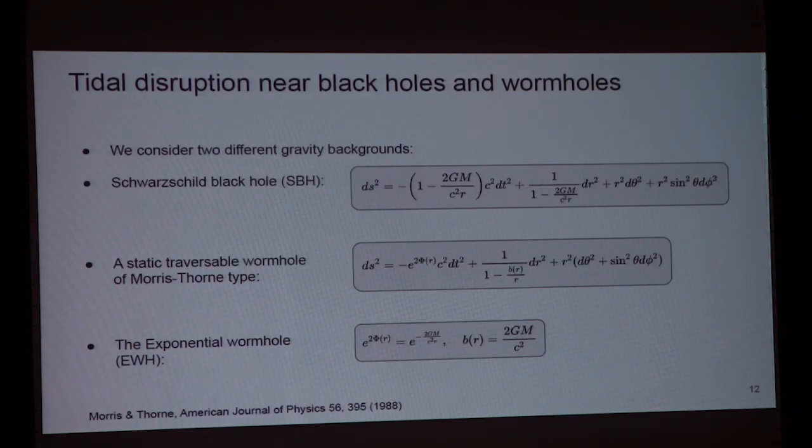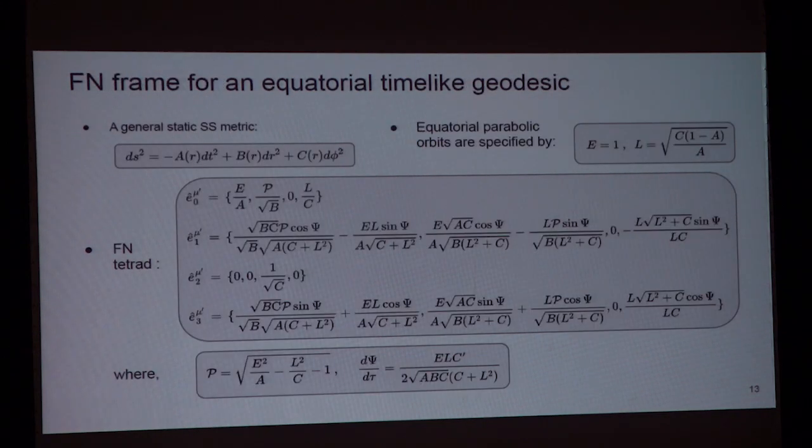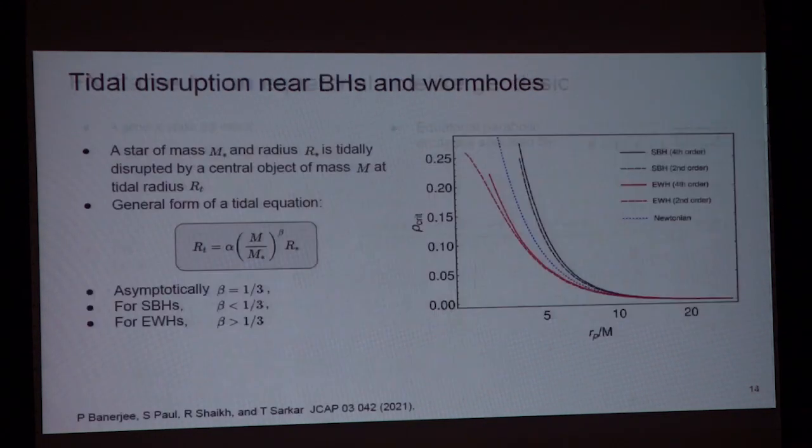To do all this analysis, we considered a Schwarzschild geometry, a traversable wormhole of the Morris-Thorne type, which is given by this metric, and the exponential wormhole. Then you construct the Fermi normal basis. Don't bother about the technical details; this is basically the result.